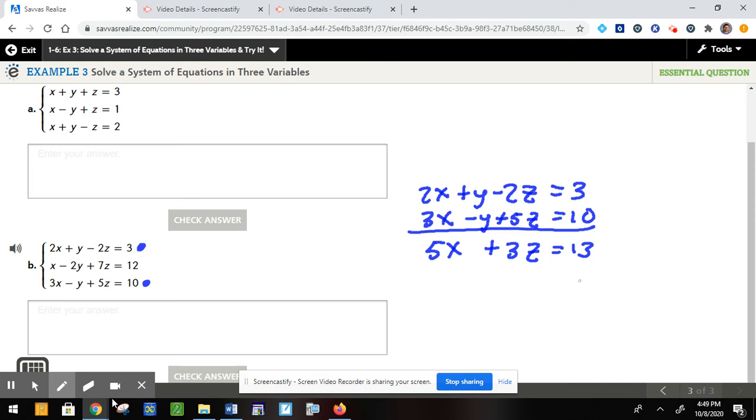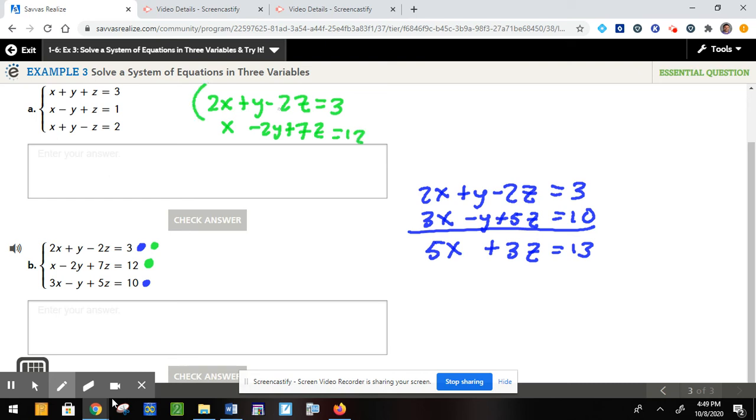Now let's figure out a different way to get the y's to eliminate. I'm going to combine the first and the second equation to create another one. The reason why I'm going to do that is I've got a positive y there, I've got negative 2y there. I'm just going to write it up here. So you've got 2x plus y minus 2z equals 3, and you've got x minus 2y plus 7z equals 12.